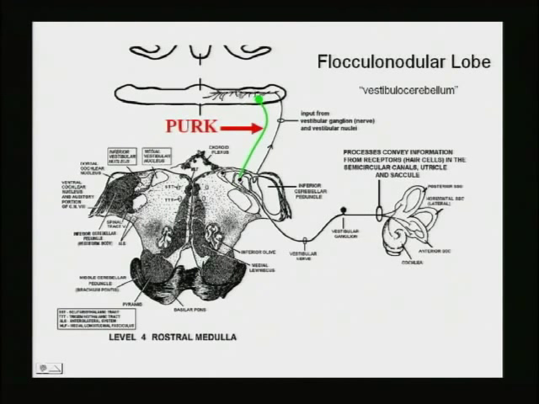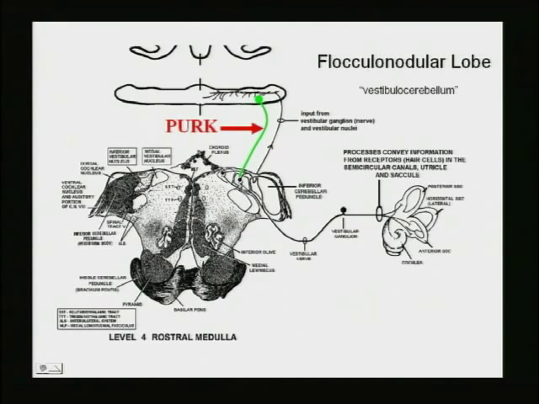So this flocculonodular lobe can receive input either directly from the vestibular nerve or indirectly from the vestibular nuclei. So this could just come on up, or it could go in here and synapse, and then it can go up. Now, you can also see that here's that Purkinje cell that's in the flocculonodular lobe. It's going to come down in here and inhibit the vestibular nuclei.